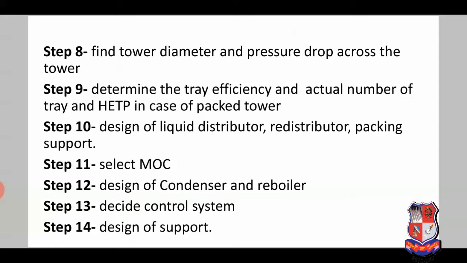Next step 11, selection of MOC. MOC is what? Material of construction. Next step, step 12, design of condenser and reboiler.